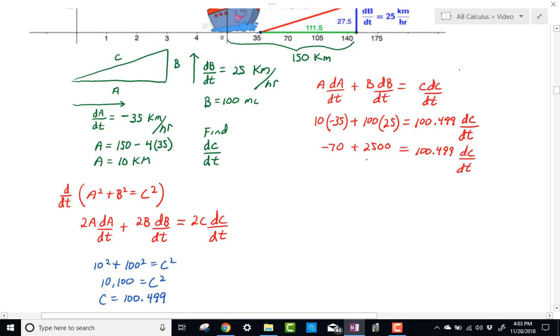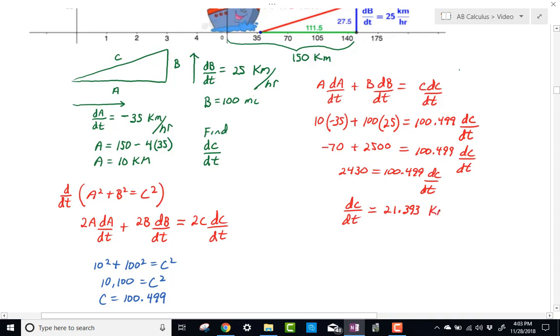If we add these up, that's going to give us 2430 equals 100.499 dC/dt. If we divide out the 100.499, we end up with dC/dt equal to 21.393.